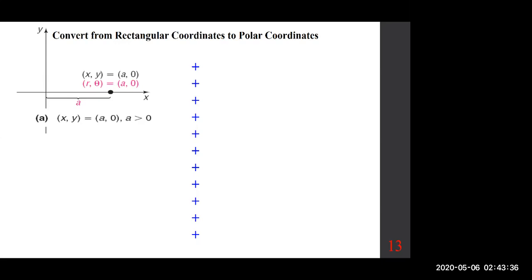Now in this case, r comma theta, both of them become the same. X comma y and r comma theta are identical under one condition. What condition is that? If it's on the positive side of x. Okay, class? Positive side of x.